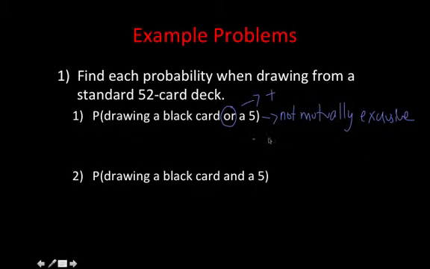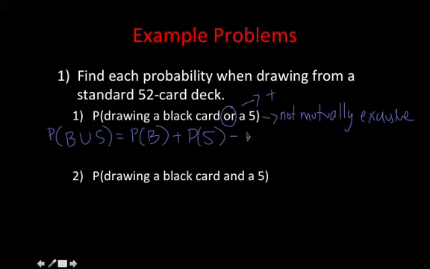We can have a black card that's a 5. So what we're going to do is find the probability of getting a black or a 5. I did B for black. That's going to equal the probability of getting a black plus the probability of getting a 5 minus the probability of getting a B and a 5. So we need to find the probability of each of these.